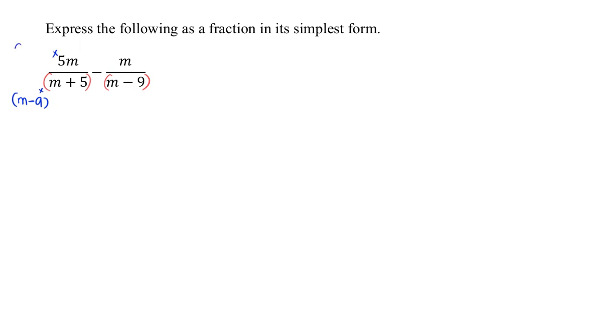On top we also have to multiply by m minus 9, the whole bracket. I would also have to multiply by m plus 5, such that the denominator would be m minus 9 times m plus 5.